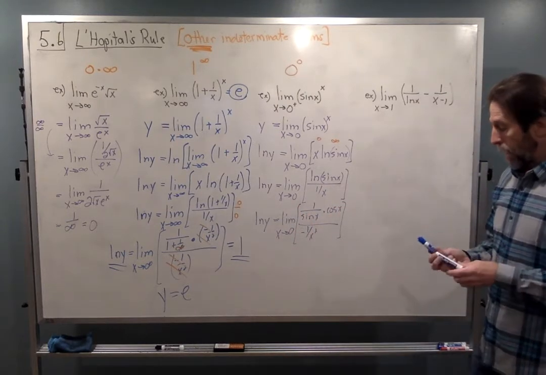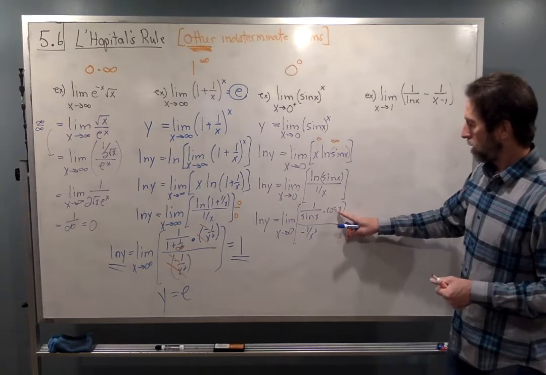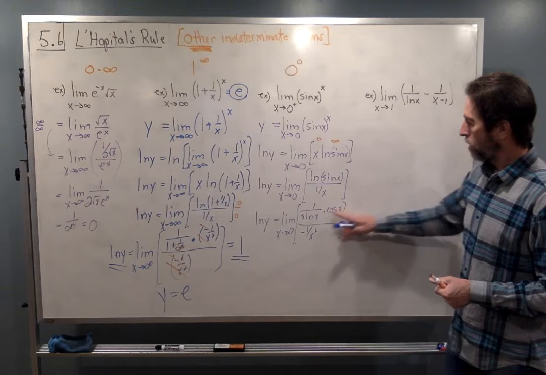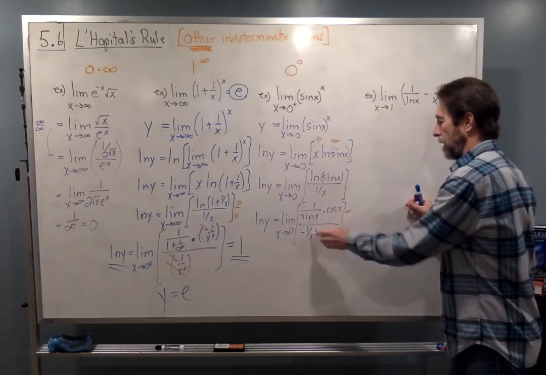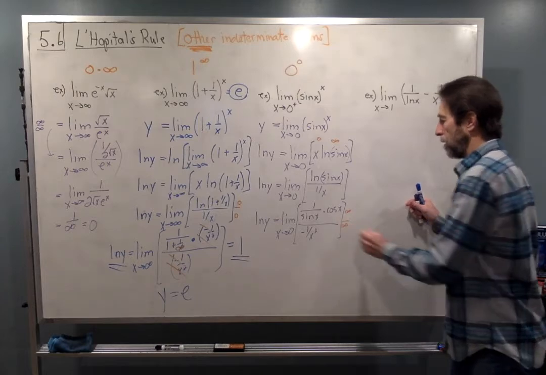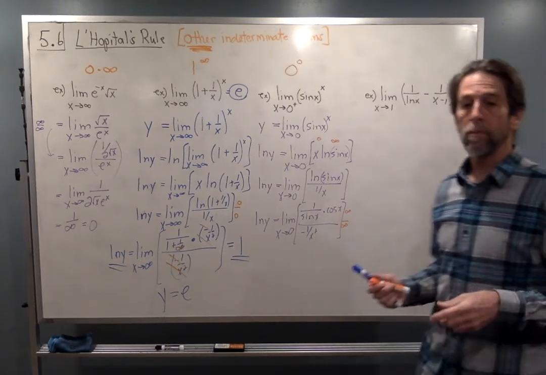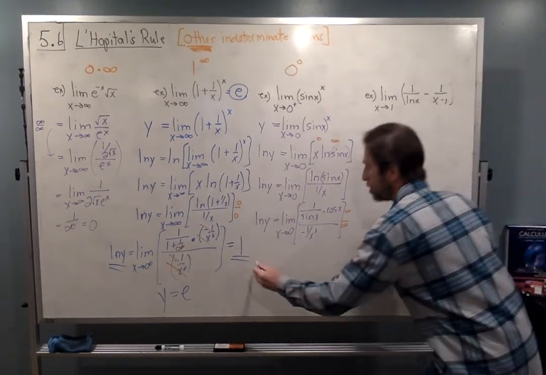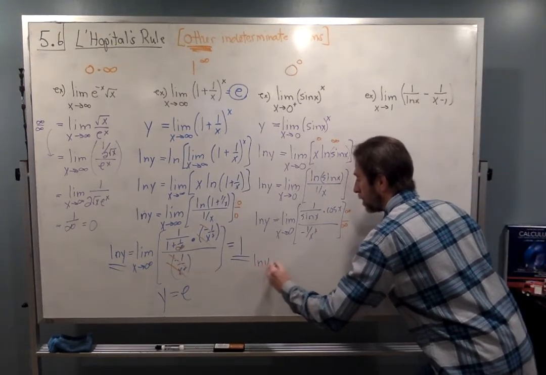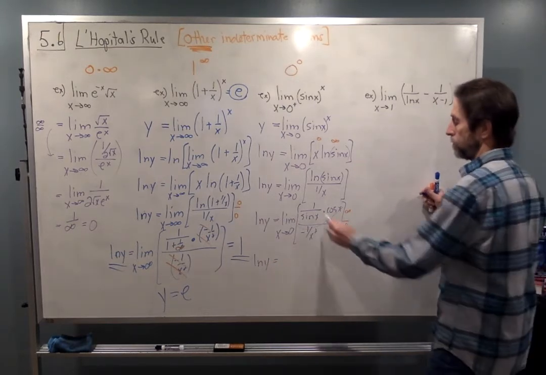So now as we look at it, this is basically going to be 1 divided by 0, which is infinity. And now this is infinity. So we still have an indeterminate form. And this is where I'm not going to finish it, because what we would need to do is just apply L'Hopital's rule again. Maybe make this cotangent.